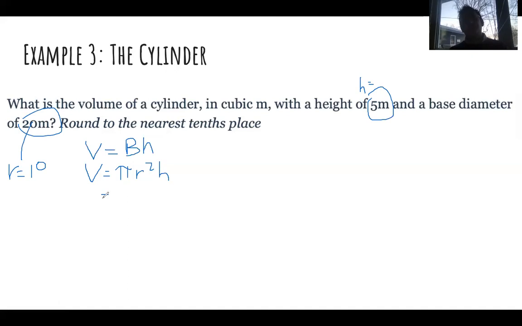And you want to pay attention in the directions to whether they want the answer in pi or in decimal place. But when we do this, I get pi times 10 squared times our H, which is 5. And this pretty much gives us what we need.